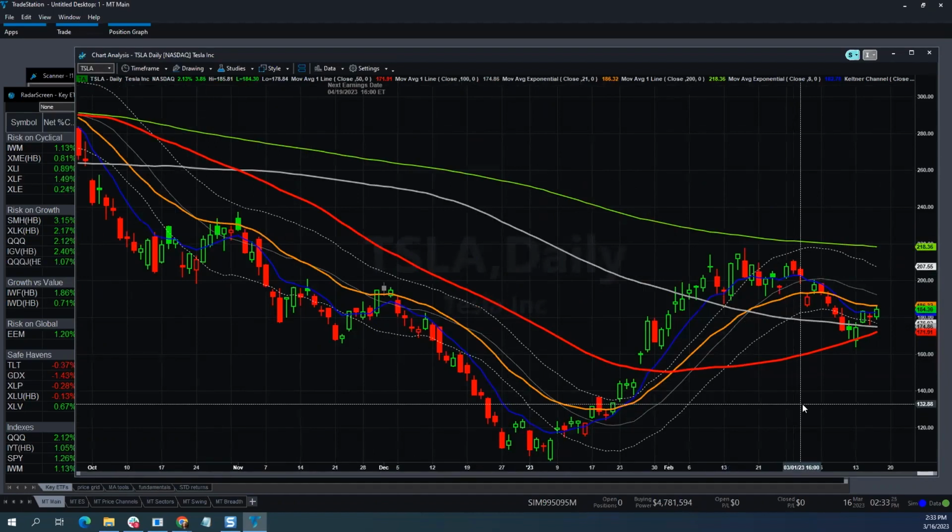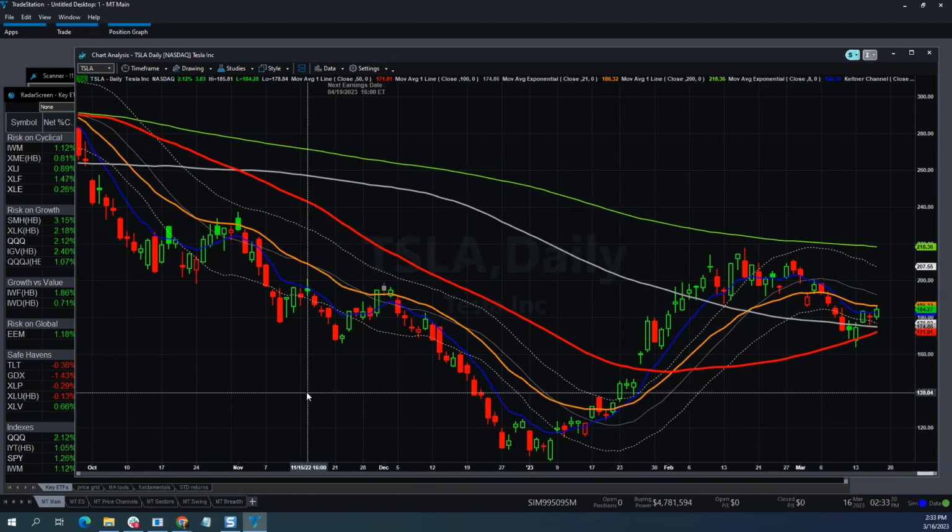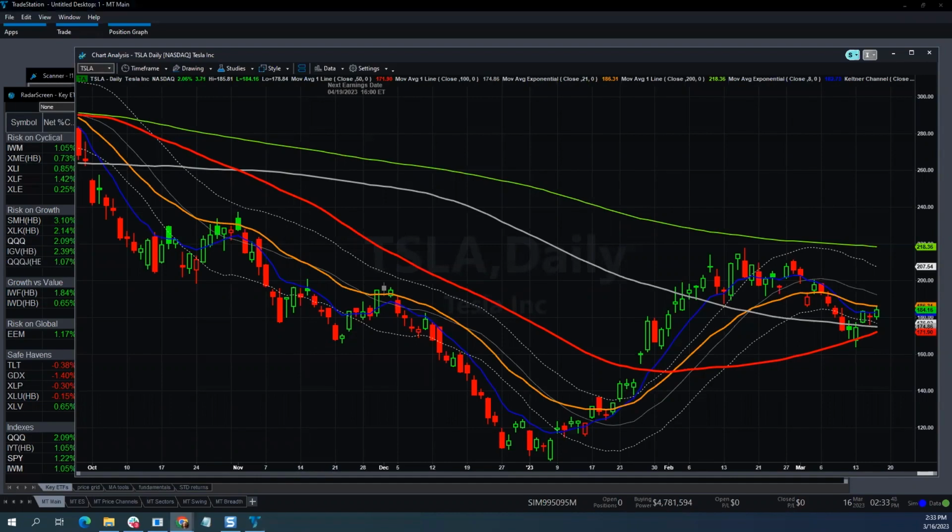Now, I think we also have to be careful in the near term, because when you consider the market stabilizing here, there could be something of a shift back to the financials that have gotten hit so hard, and things like energy that have gotten hit so hard. So at this point, mindlessly buying tech stocks in a short-term sense might not make a ton of sense.